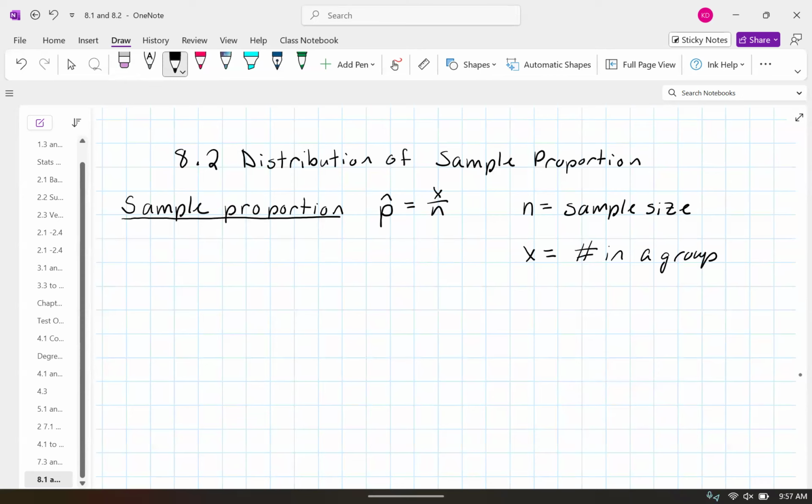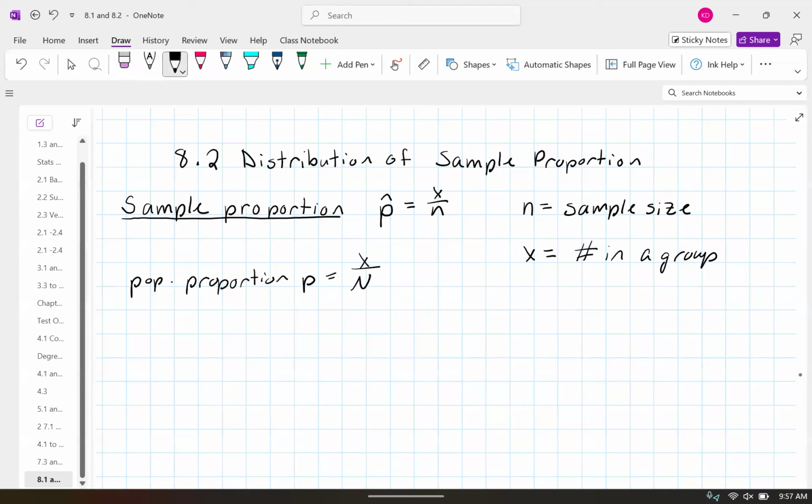Our population proportion, we use the letter P by itself, and its equation is the same, except we're going to use X over big N. Most of the time, we're not going to calculate our population proportion.